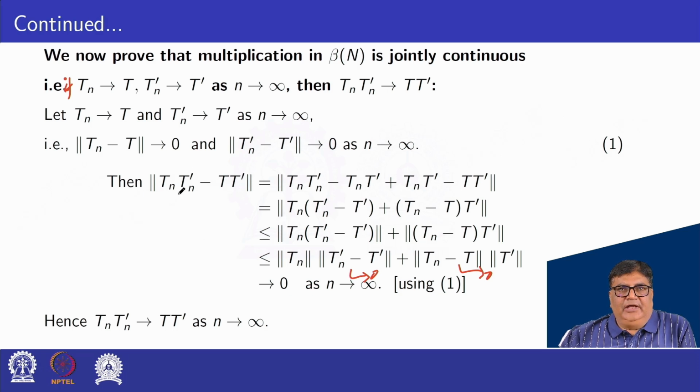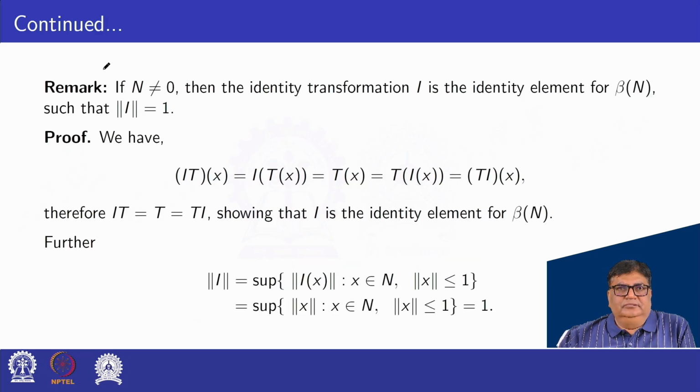Hence norm Tn Tn dash minus TT dash tends to 0, that is, Tn Tn dash tends to TT dash as n tends to infinity.